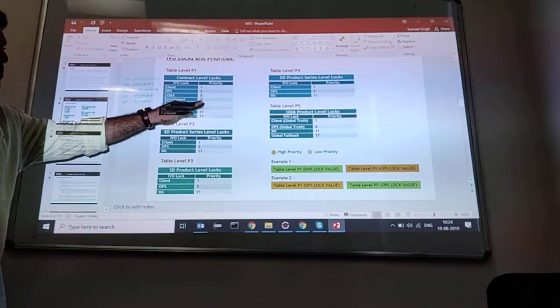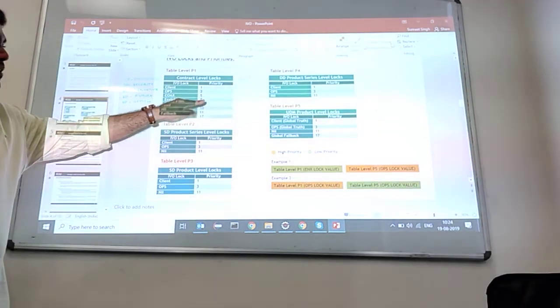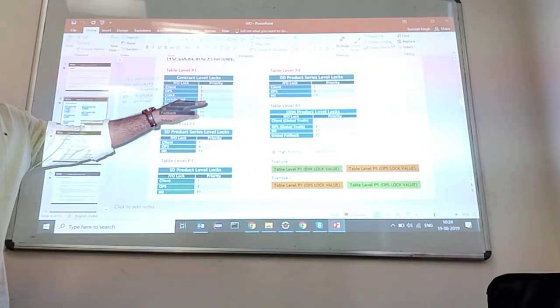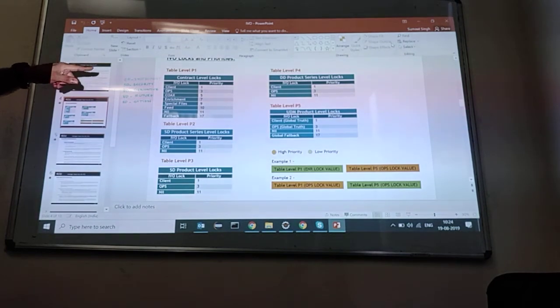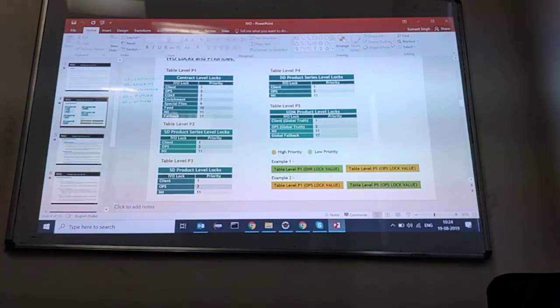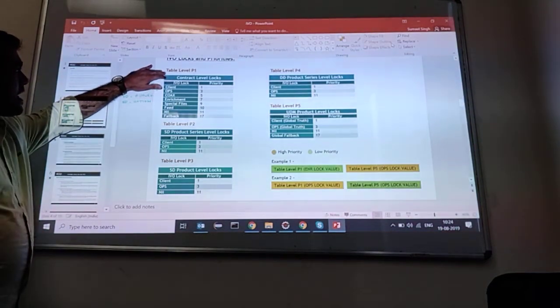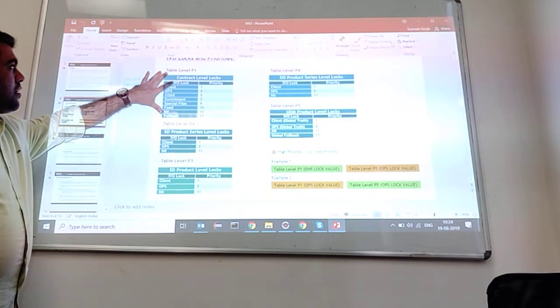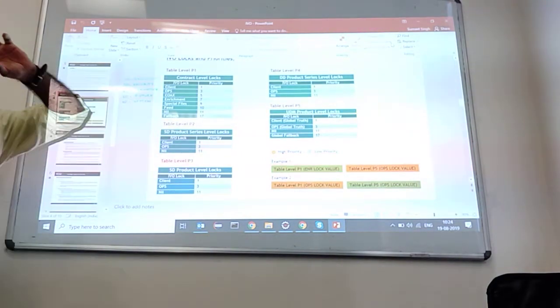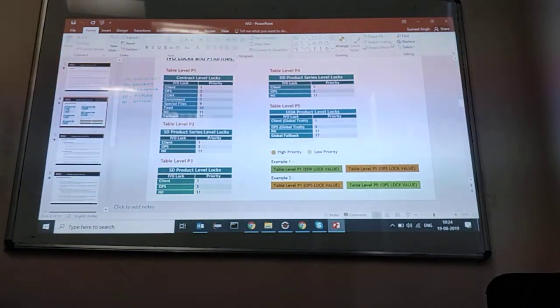And then comes UDM product level. So that is UDM product. When I am writing UDM product, that means DD product. So here comes the DD product table. When I am saying table level priority, that means if I want to take into consideration the priority between two tables.